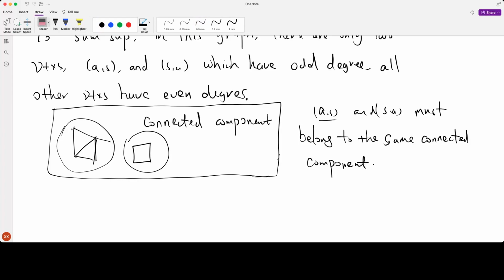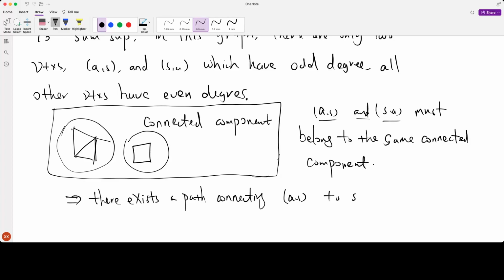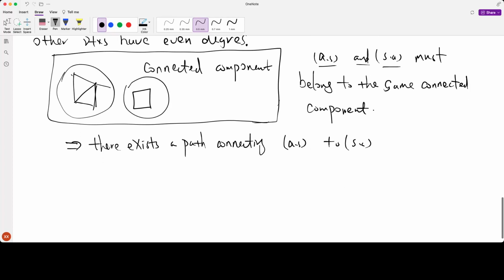It's not possible. So since in the whole graph we only have 2 vertices with odd degree, they must belong to the same connected component. Then, meaning there exists a path connecting AS to SA. What is a path? I already explained to you. Here it is a path, from V0, V1, V2. So here is a path in a graph.